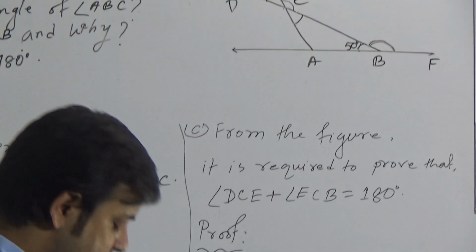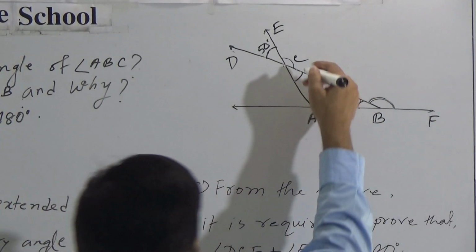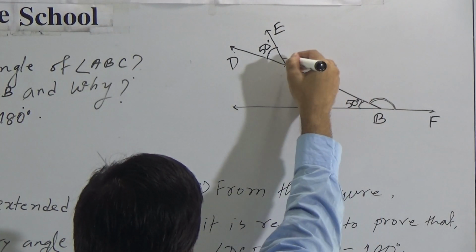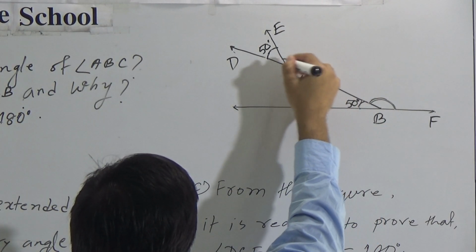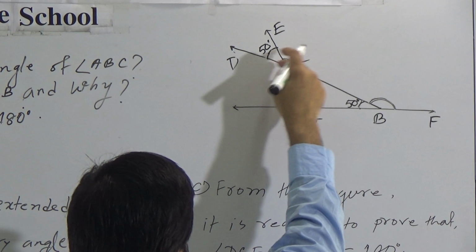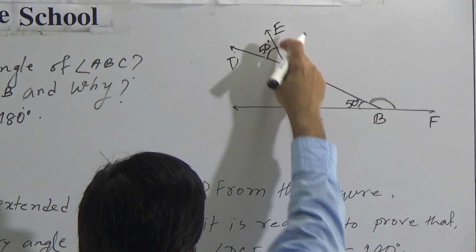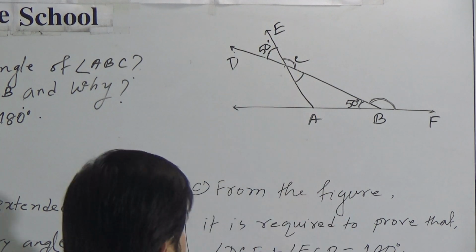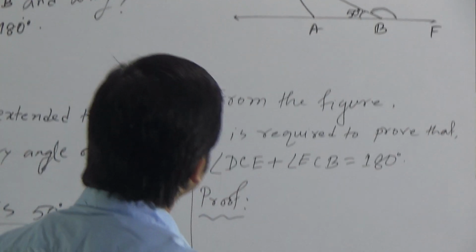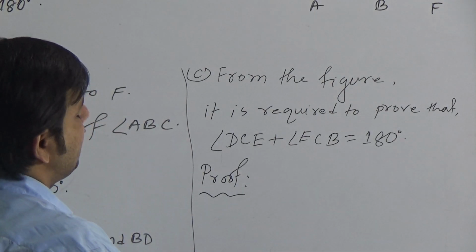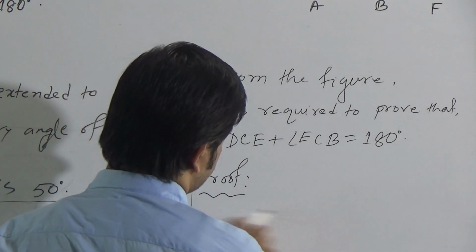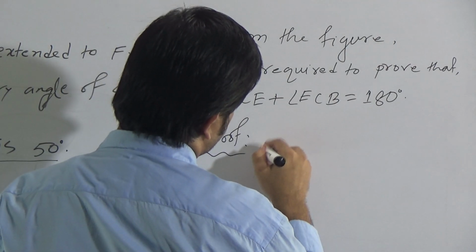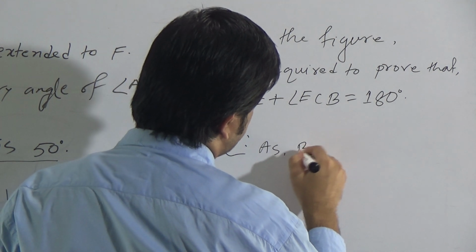Okay, dear students, now see here angle ECB is the supplementary angle of DCE, as BD is a straight line.